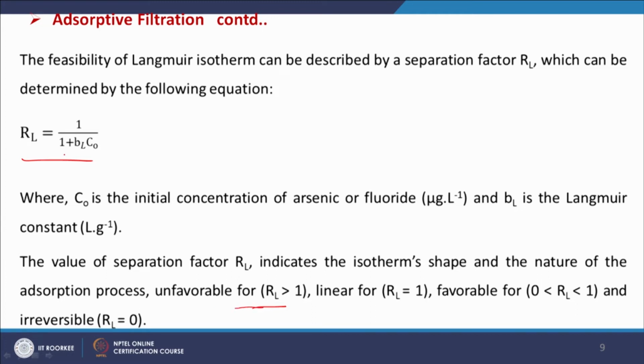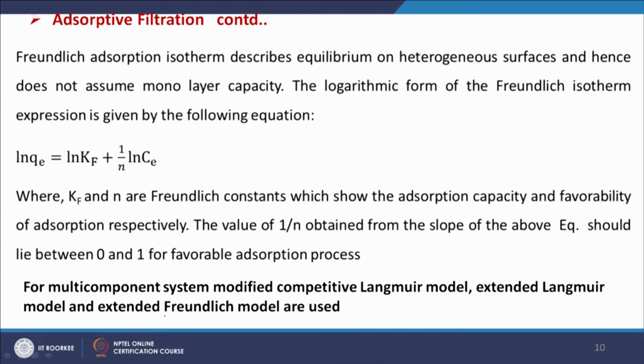If R_L equals 1, it is linear, and if 0 < R_L < 1, it is favorable, and it is irreversible when R_L equals 0. So, if we determine this R_L value from the experiment, we can get some idea whether the adsorption will be favorable or not.